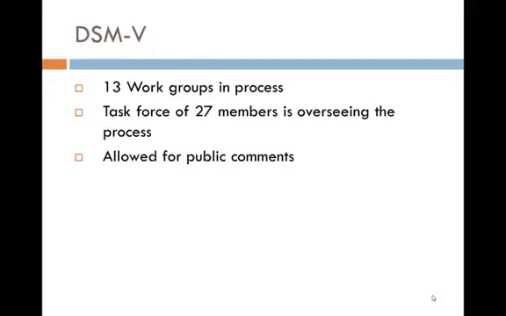They also had task forces of 27 members overseeing the process to make sure that there was a voice heard for all of the critical issues relevant to the DSM. And in addition, they allowed the public to have an opportunity to look at various aspects of the DSM and to provide feedback and input associated with it.